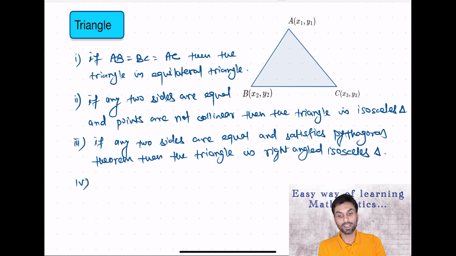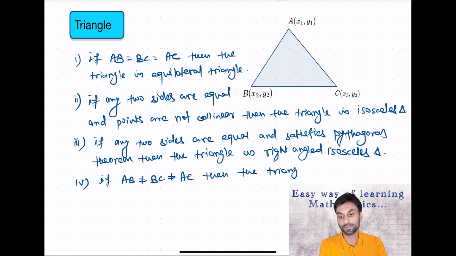If in this case none of the two sides are equal, that means AB is not equal to BC is not equal to AC, then the triangle is a scalene triangle.